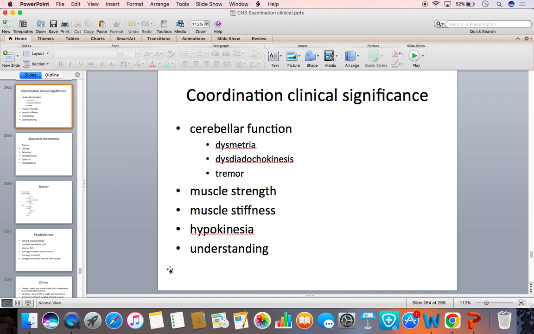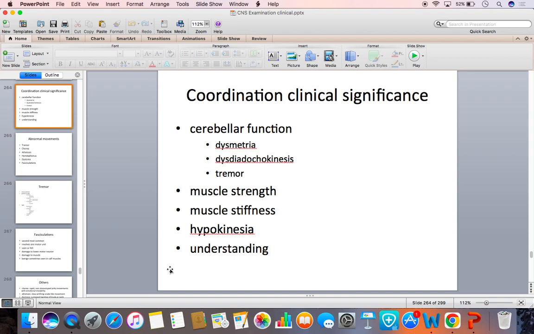He is unable to do that. Tremor is this intentional tremor that you get in cerebellar lesions. Tremor at rest is the feature of extrapyramidal lesions. That is Parkinsonism.